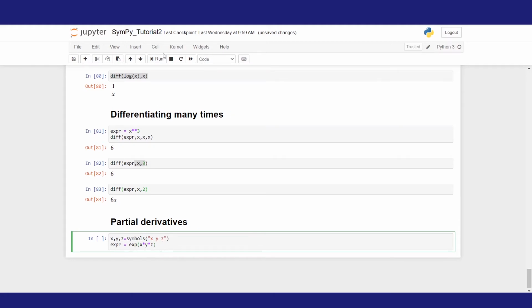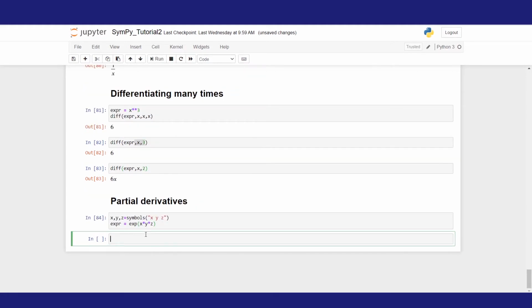Okay, to be safe. So when we have that, let's see how we can partially differentiate that. We can still use our diff command, mention which expression we want to differentiate, and then differentiate with respect to x, y twice, and z many times.